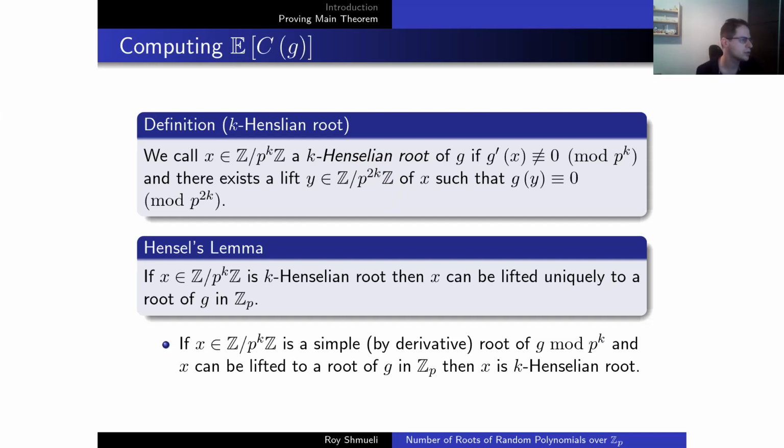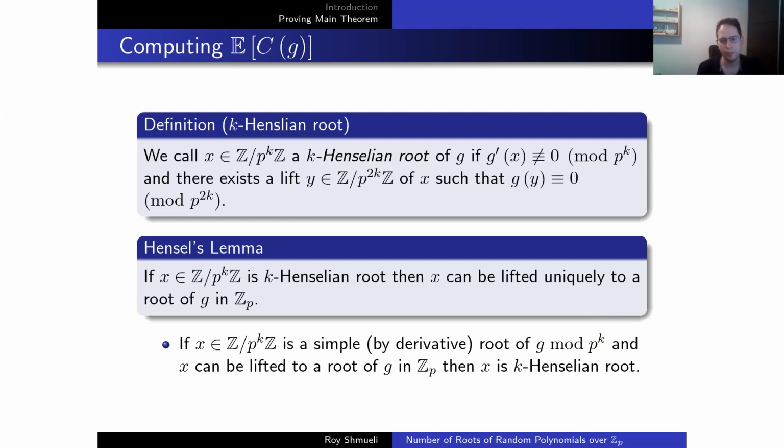So any root of the polynomial in the p-adics is actually a K-Henselian root, in the case that I have only simple roots modulo p to the power of k.